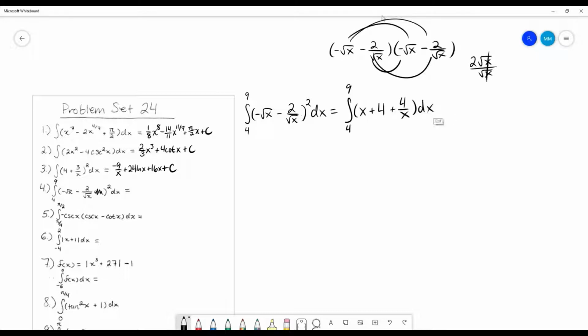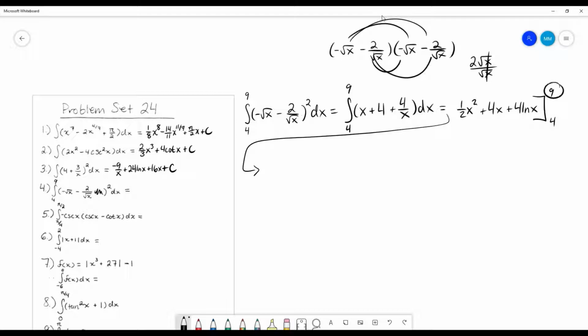Because the integral of that x is just going to be 1/2 x squared, because we're undoing that power rule, plus 4x plus 4 natural log of x. I'm not going to put that plus c here because it is a definite integral, so now I want to evaluate all of this on those bounds. We're going to come right down here to do that.